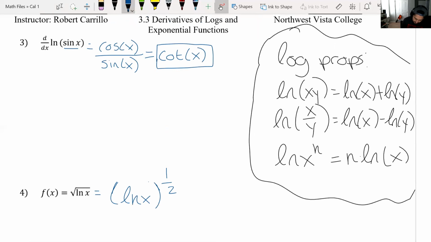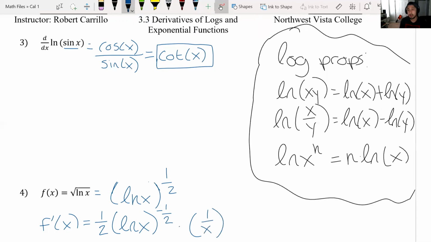So we get f prime of x equals 1/2 natural log x to the negative 1/2. This is chain rule, so that's the derivative of the outside times the derivative of the inside. What's the derivative of the natural log of x? 1/x.